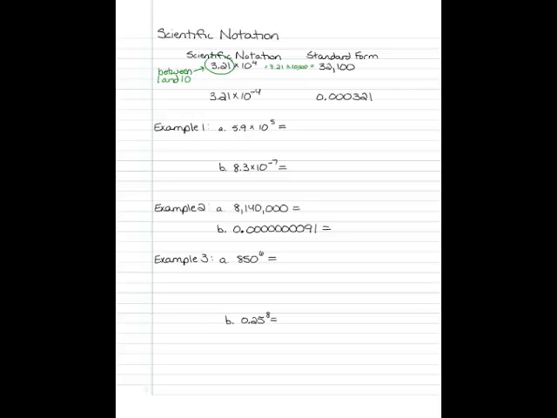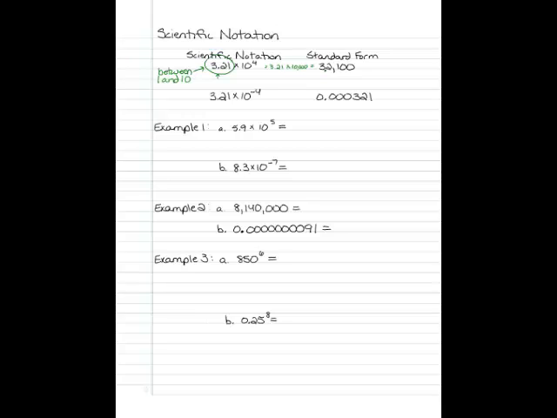An easy way to go from scientific notation to standard form is to focus on the decimal point. Looking over here, this 32,100, the decimal point in scientific notation was between the 3 and the 2. So I'm going to imagine a decimal point right here. When you multiply by 10 to the fourth, the exponent tells you how many spaces to move the decimal point.